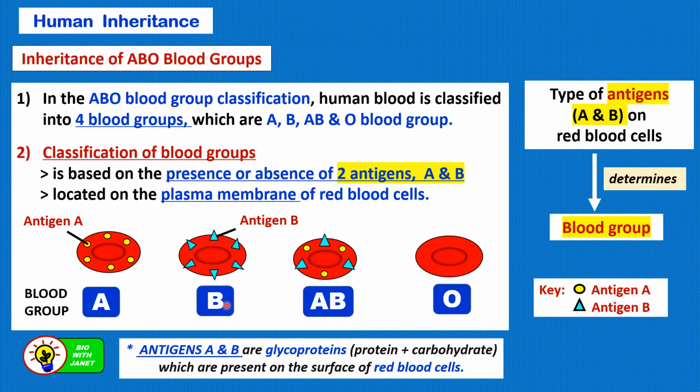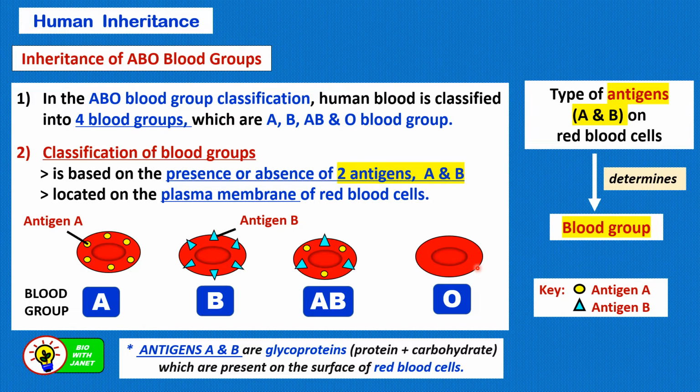So their blood is classified as blood group B. Then there are some people who have both antigen A and B in the red blood cells. So they are classified as having AB blood group. Okay, because of the presence of antigen A, the yellow one here, and B, the blue one.